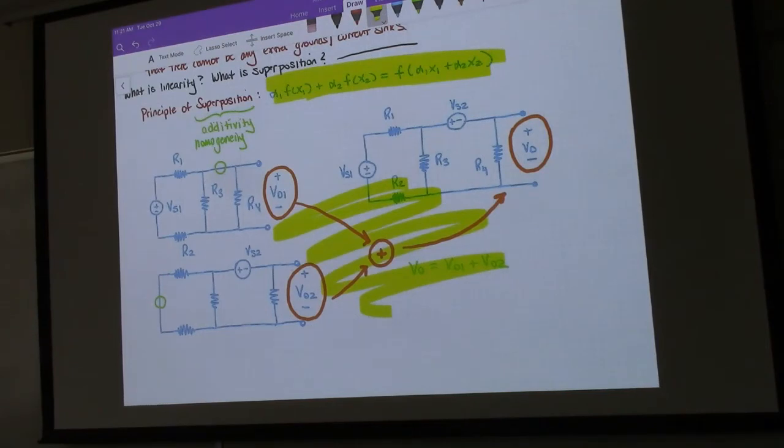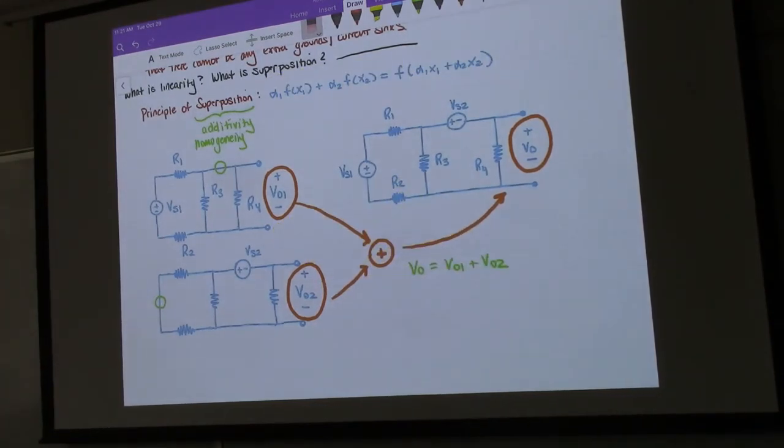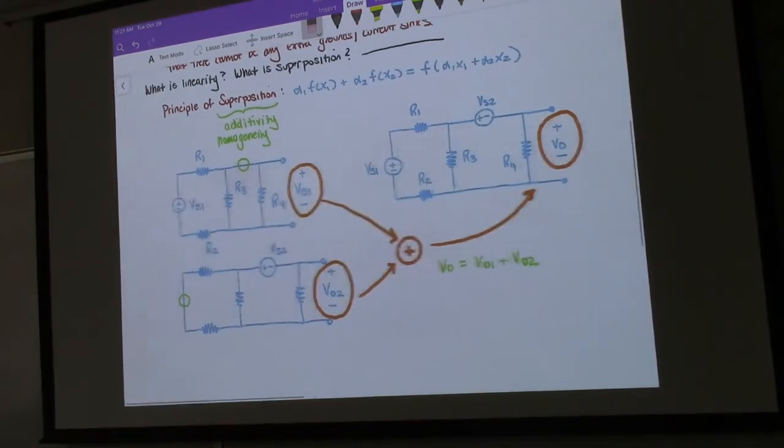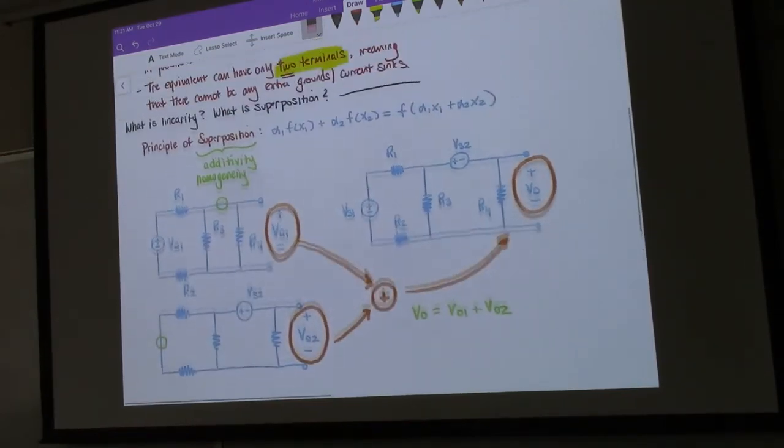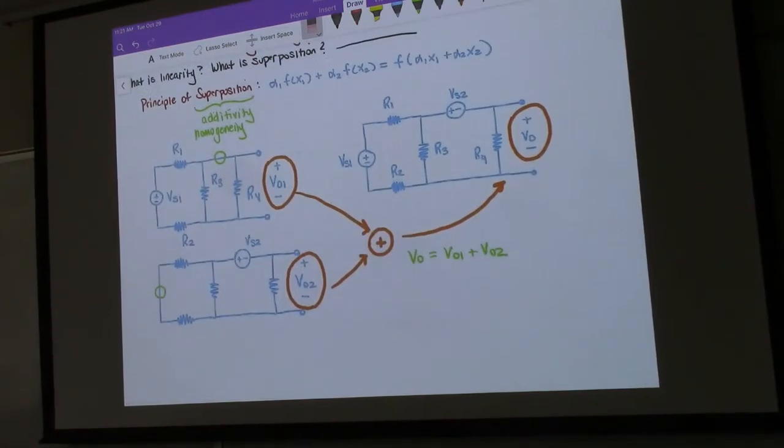In both cases, what we're able to do is equate the combined effect of two or more inputs as the sum of their effects individually. Math says it the best. Now, why is this important? We'll come back to this a little bit later.